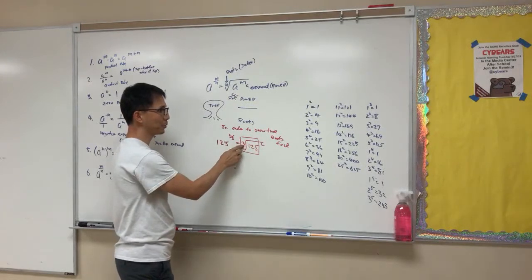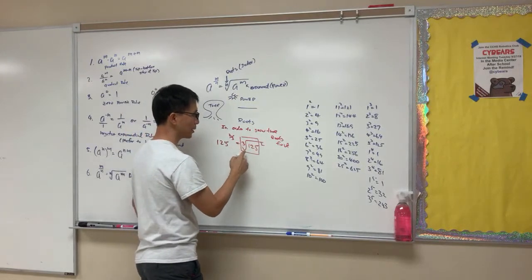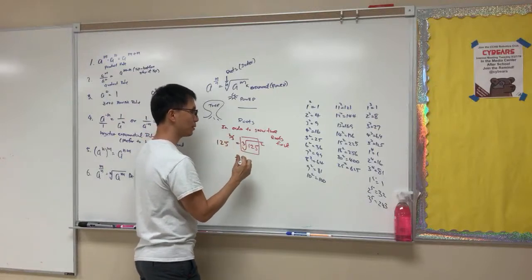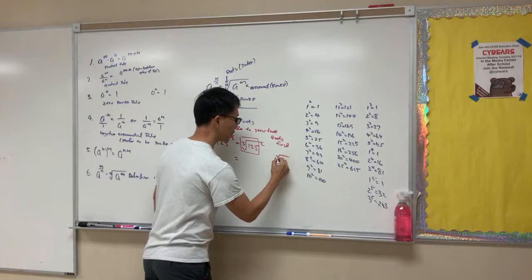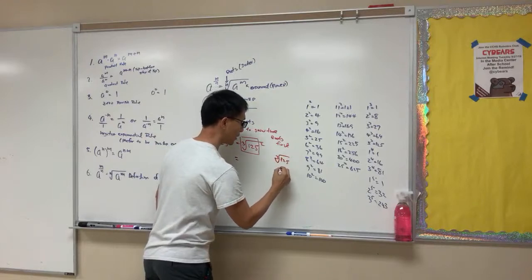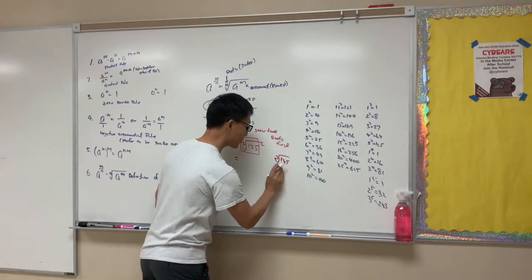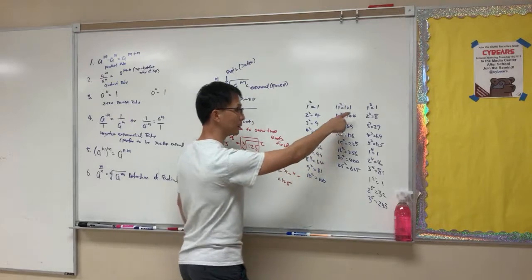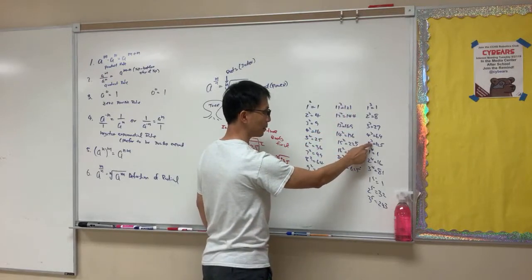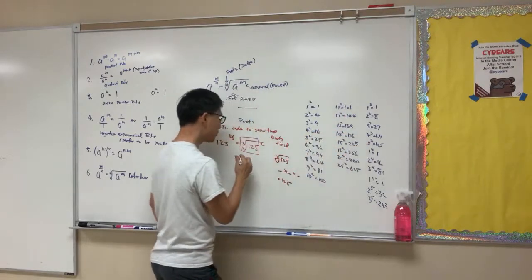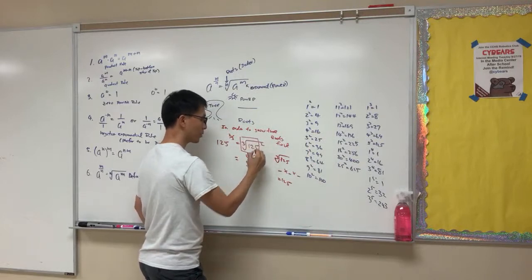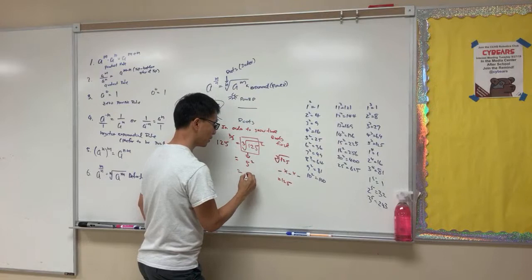So what if I do roots first? The root here is going to be easy. It's the cube root of 125. That means which number multiplied 3 times, space times space times space, is equal to 125. Well, we can look at it. 5 to the third, which is 5 times 5 times 5. Therefore, this part is actually just 5. And the square, don't forget about that, is going to be 25.